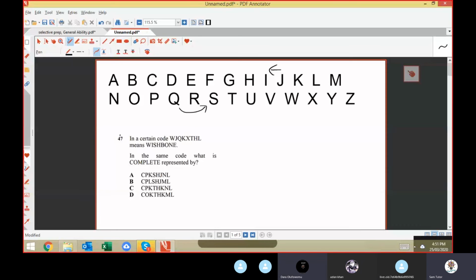What is K? K to H is skip 2 to the left. So again, it's going forwards, backwards, forwards, backwards. X to B: X is going to skip 3, 1, 2, 3. All right, I think we know the answer. So now, let's go again. W is W, so I know C would be C.